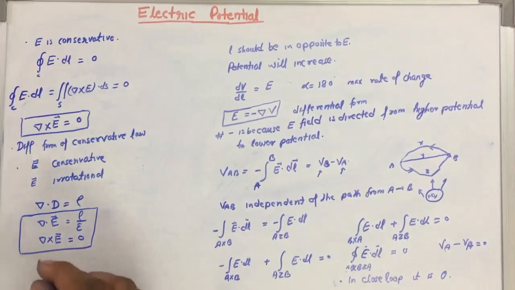So it may be asked in exams to find the electric field from the given options. In that case you just have to find the curl of those options, and the one that gives you 0 is the electric field.